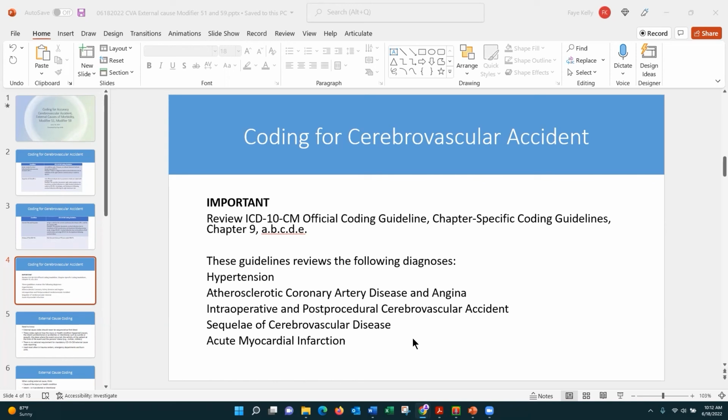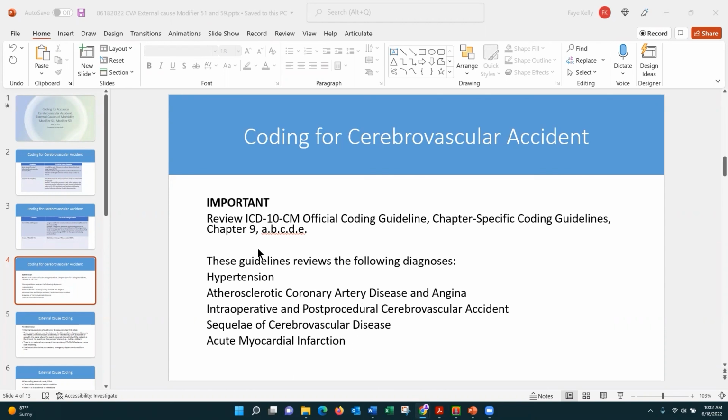When you find these codes, I want you to read through the inclusions, the exclusions, the code also, all the instructional notes. And then I want you to read the common language description. I want you to understand these diagnoses.